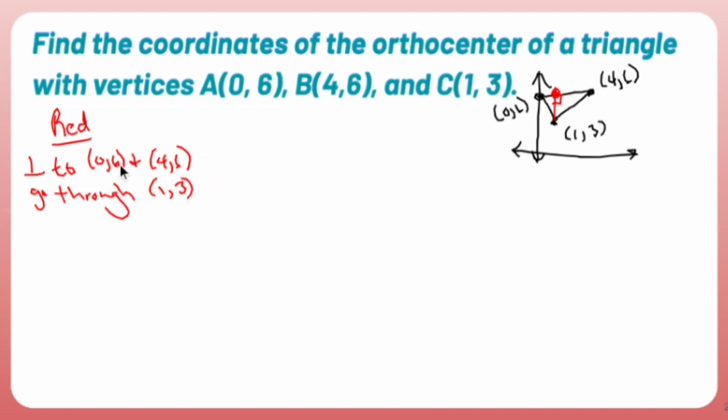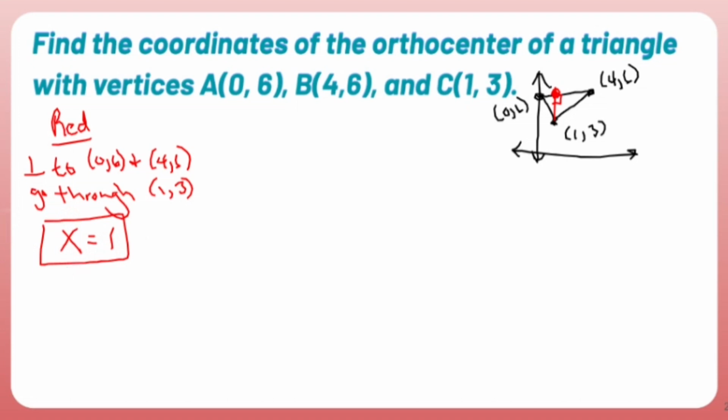If it goes through (0, 6) and (4, 6), it's horizontal, which means something perpendicular to it is going to be vertical. The equation of a vertical line is x equals a number. Well, if it goes through (1, 3), it's going to go through my x value, which is 1. So great, I already have one of my equations. I hope finding another equation is just as friendly.